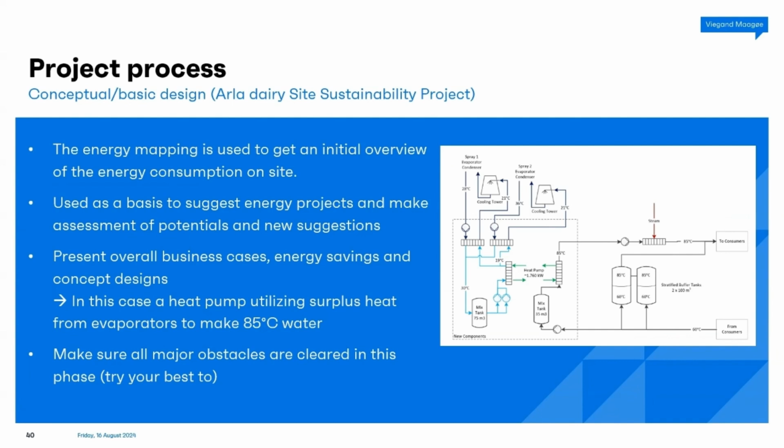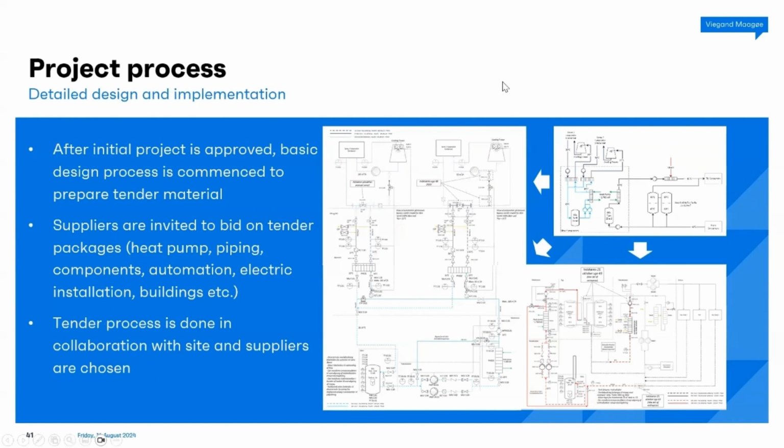Then, if you go to the next slide, Anders, we start developing the project. We use the energy mapping as the basis for the tender, saying how much energy is available and what the conditions are for the energy that is available.